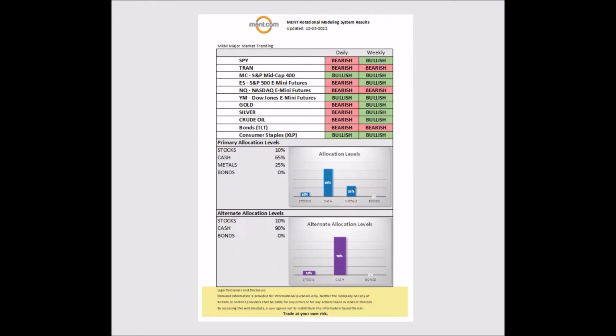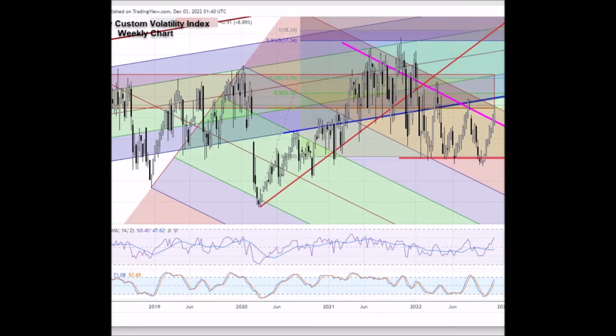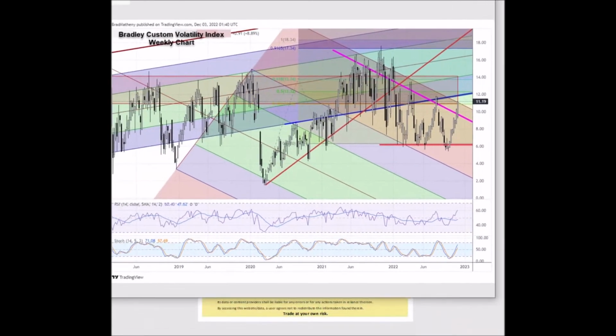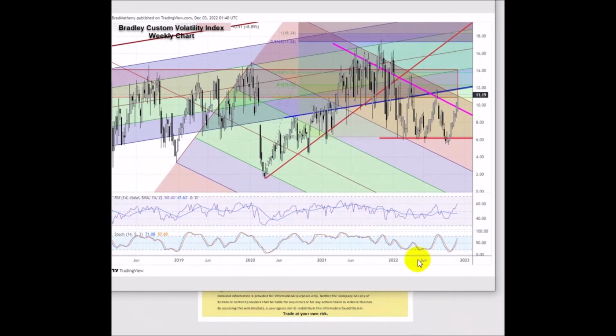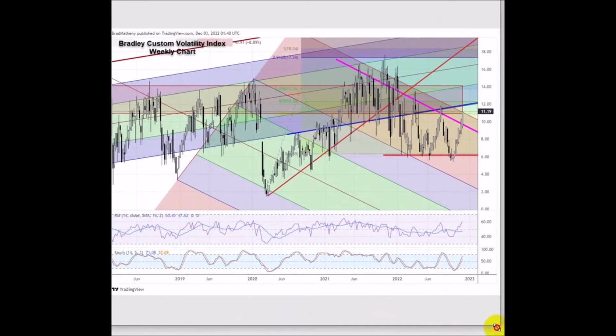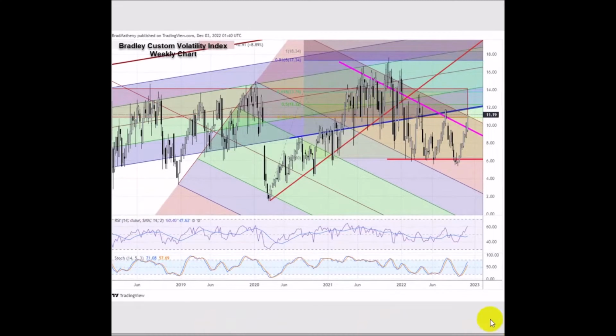Then we go to the custom index charts, and we determine what's going on in the market based on these custom index charts. These tell us what to expect on a short and intermediate term basis.